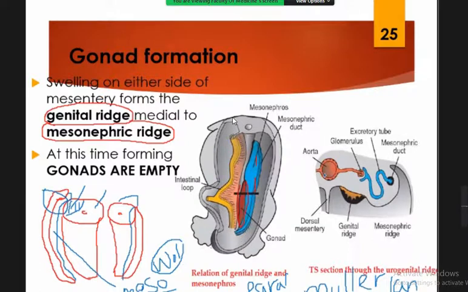So in this section, you can see at this point the mesonephric system forming. What you're seeing here is the mesonephric ridge or the nephrogenic cord, and of course the duct system. Then medial is the genital ridge, and of course this appears on both sides.